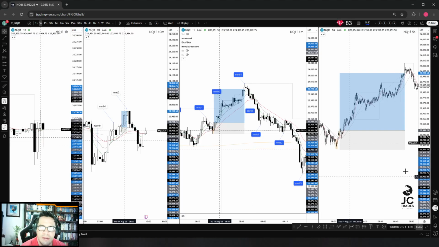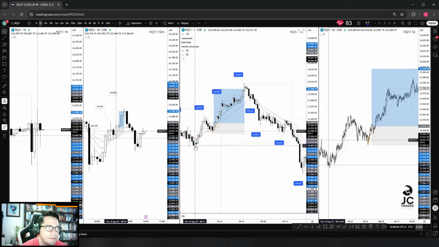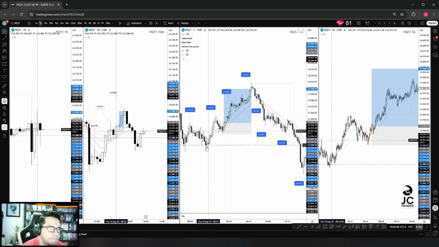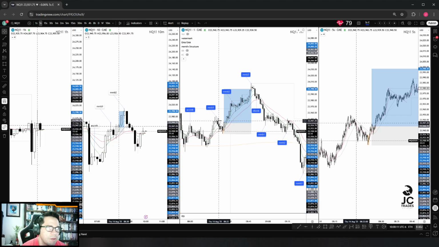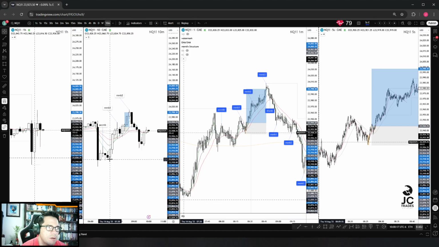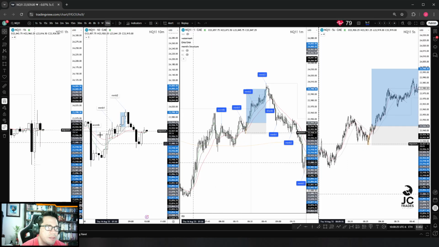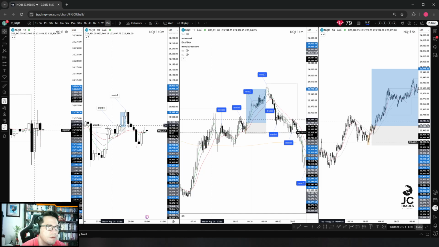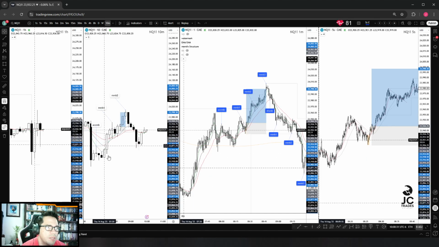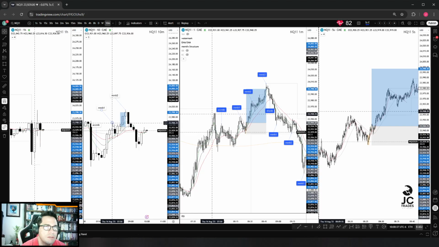The idea on that one was based on the bullish move that we saw coming out of the start of the session. We had this buildup here of an accumulation MB validated, then an MMB1, which at this time was still not validated.